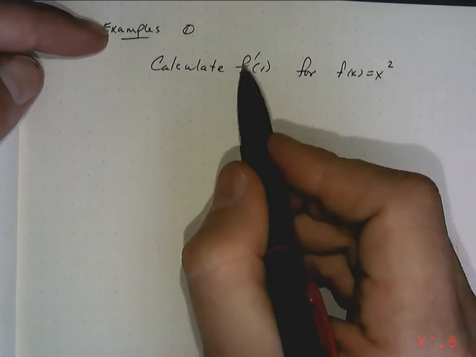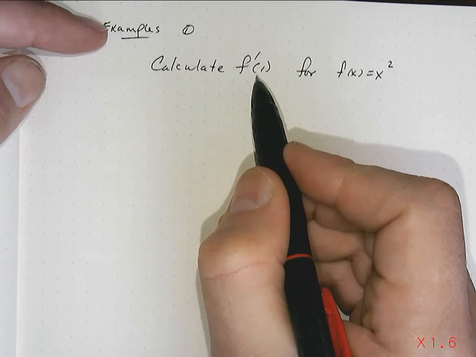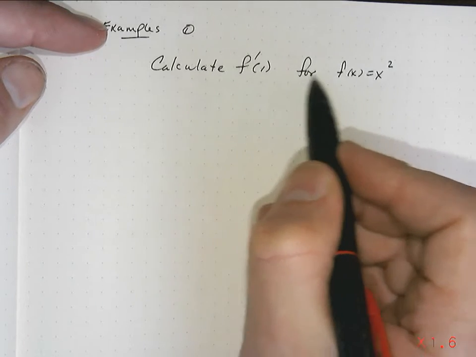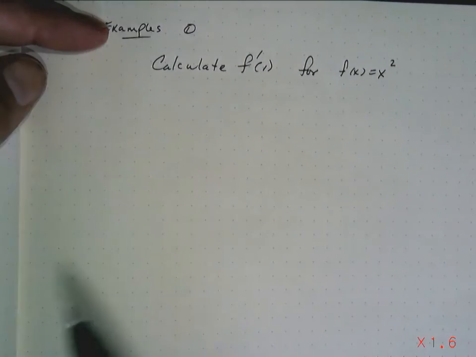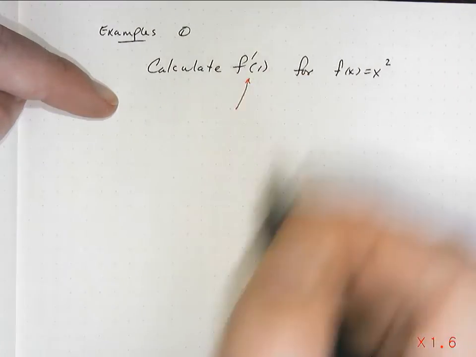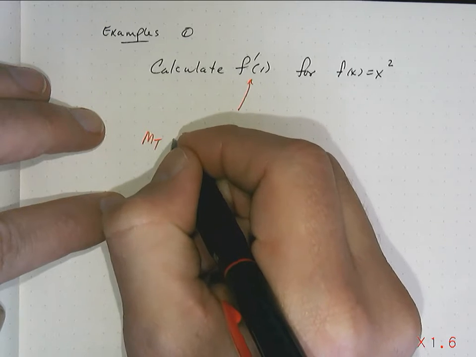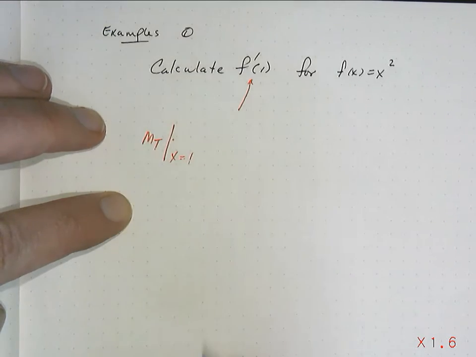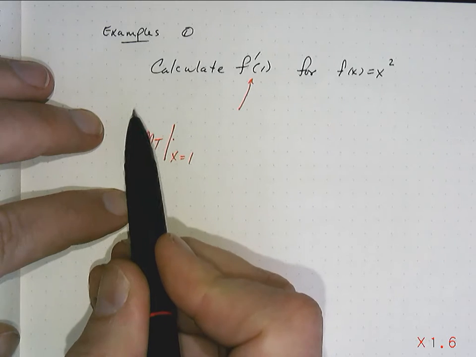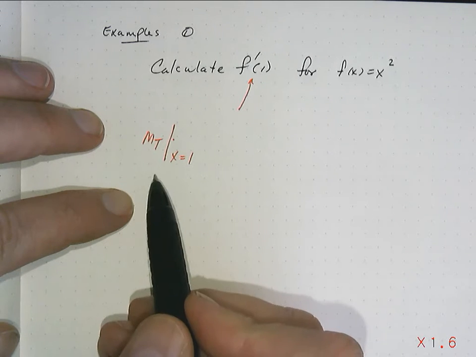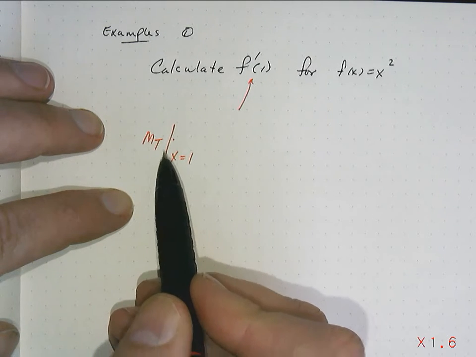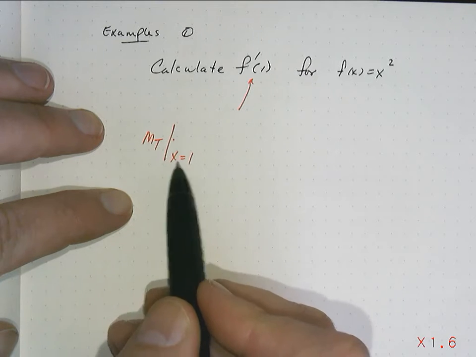It says calculate f prime at 1 for f of x equals x squared. So you have to know that this by definition means the slope of the tangent. I'm going to start showing you my notation. This is the slope of the tangent such that, remember I taught you that that line means such that? The slope of the tangent such that x equals 1.